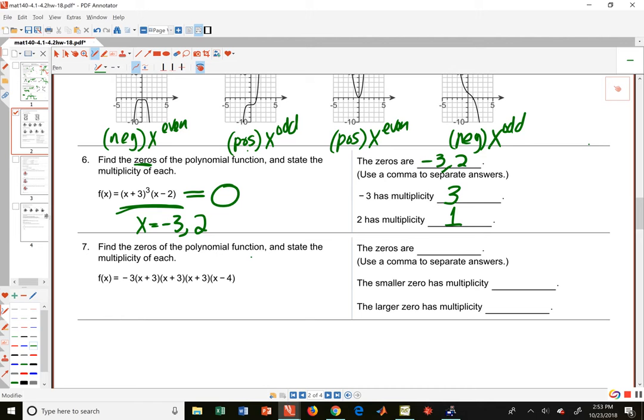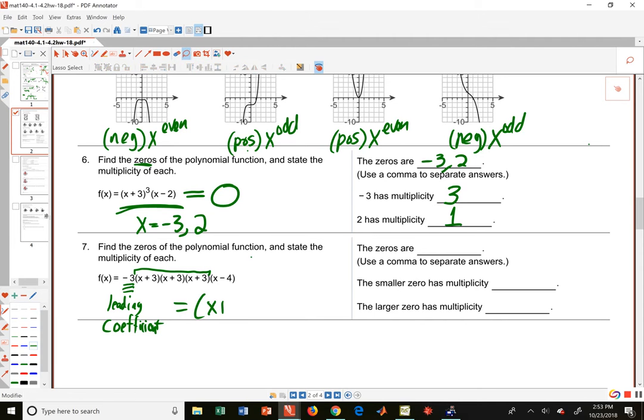Now, here's just another one right here. This doesn't have a 0. Remember, this affects the end behavior. This is actually the leading coefficient, and it is not a factor in our zeros. So let's look at the other factors. You see all these x plus 3s? That's all the same factor.